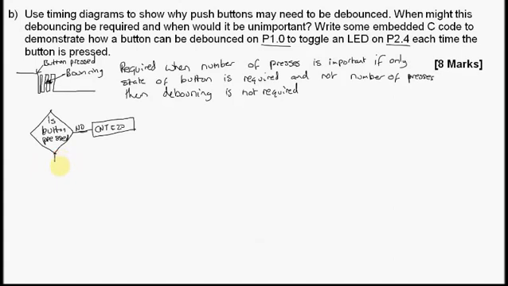If it is pressed, we'll have a short delay, so maybe a 1 millisecond delay. We'll decrement our counter. Then we need to check, is the counter equal to 0?